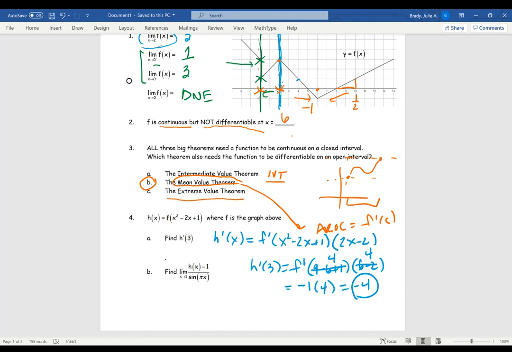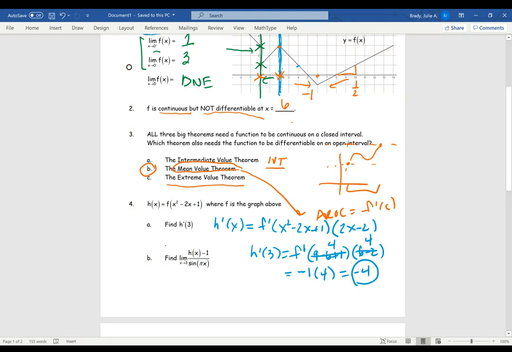Okay, now let's look at the last one. You're like, oh, that's the last thing we learned, Miss Brady. It's the thing we learned when we started to miss each other and we were working at home. Your guess is this is L'Hopital, so let's just check it out. If you put in 3 and tried to evaluate the input, you will get h of 3 minus 1 over sine of 3 pi.